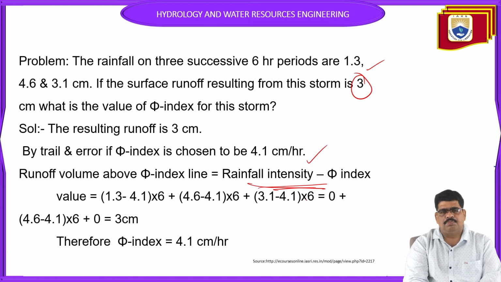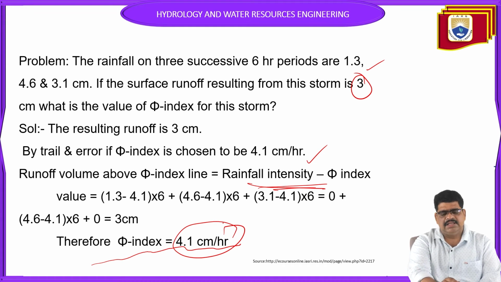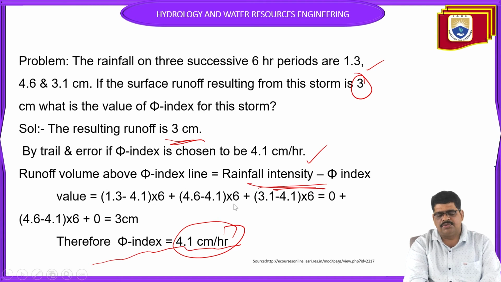That is equal to 0 plus (4.6 minus 4.1) into 6 plus 0, which is equal to 3 centimeters, as given. Therefore, the Phi index of 4.1 centimeters is correct. How can you say this? The resulting runoff is 3 centimeters, and the value of the assumed Phi index is 4.1 centimeters. Why do these two match?